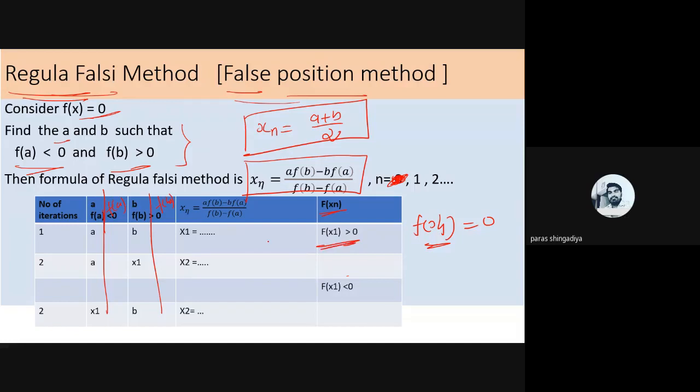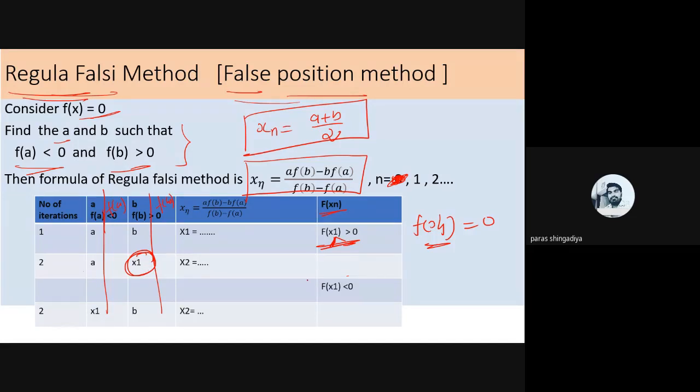If it is positive, then x1 will be replaced in place of b, and a stays as it is. Then check f of x1, and the formula will be a into f of b, where f of b is now f of x1, minus b into f of a. Here b means x1, so x1 into f of a, divided by f of x1 minus f of a.